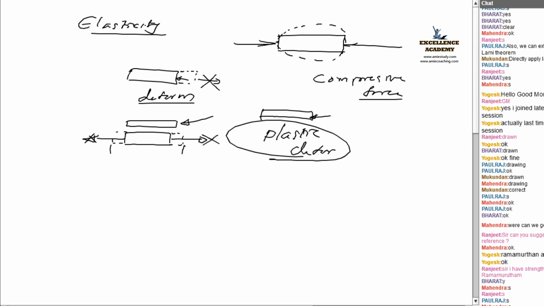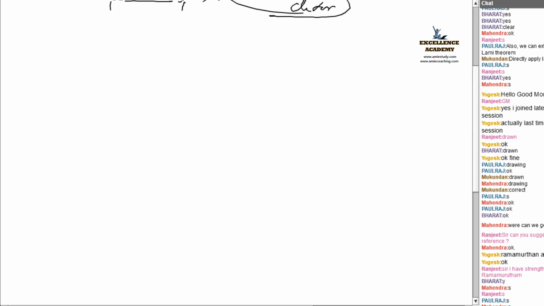Now we are going to discuss stress. You all know the definition of stress, that is force by area. But the original concept is like this. Say this is the body, and I give a force on it. The molecules inside the body will resist the force.